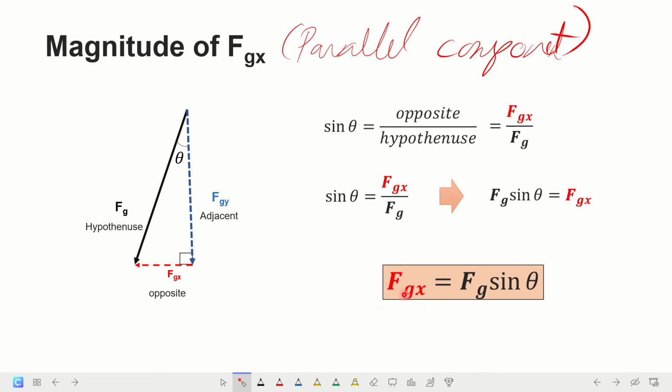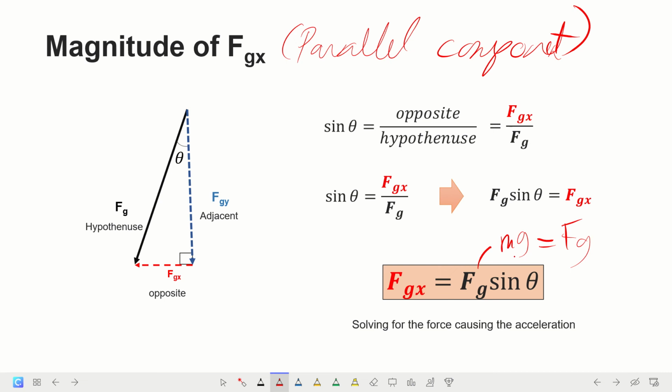This equation would help us solve for the force causing the acceleration of the object. So F_g,x is equal to F_g sine theta. For this F_g, you can substitute mg, because we know that mass times the acceleration due to gravity gives us the force due to gravity.